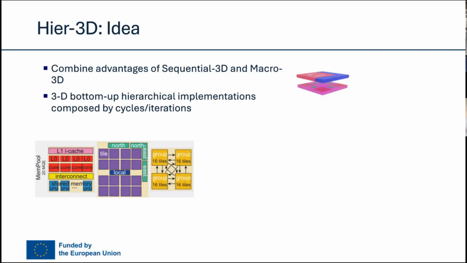This is what you see in the small image in the upper part. Here we have used an approach similar to Macro-3D, where we have decided to place the large L1 cache in the top tier, while in the bottom tier we are placing the standard logic cells for the design, but also the 4 L0 macros.